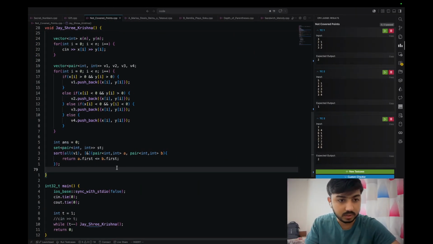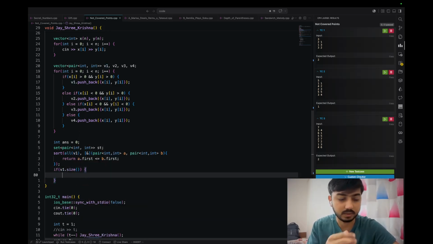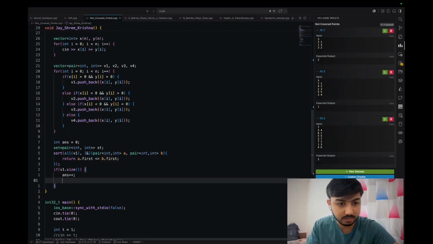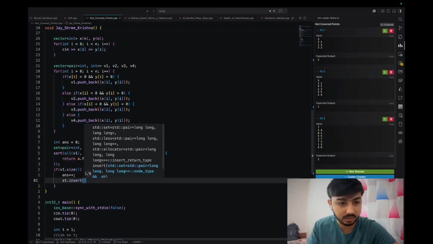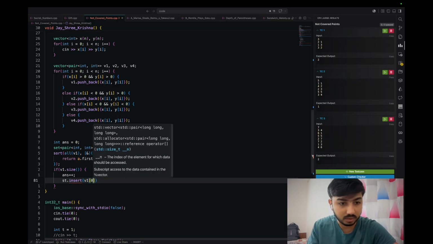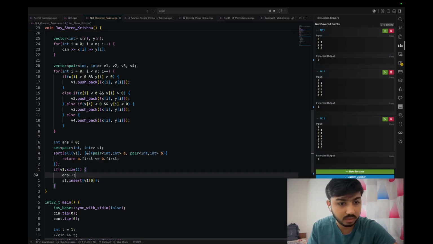So what we'll do is, if v1 dot size, if there is an element in v1, we'll pick the first element. That is answer plus plus and st dot insert the first element, that is v1 of 0.